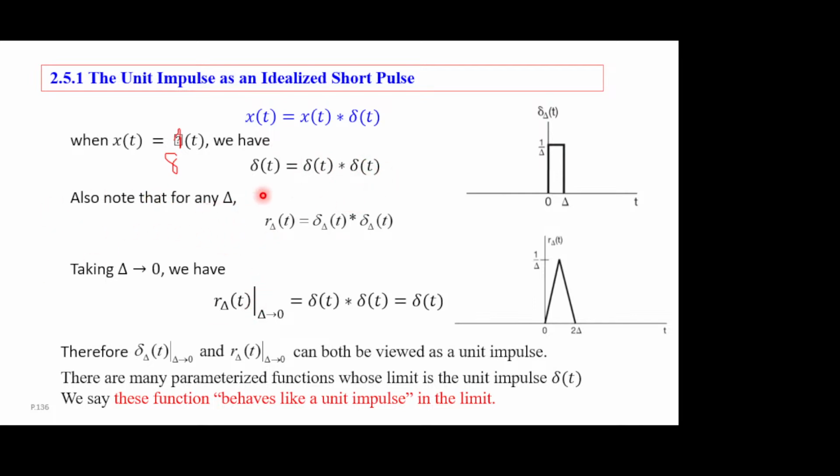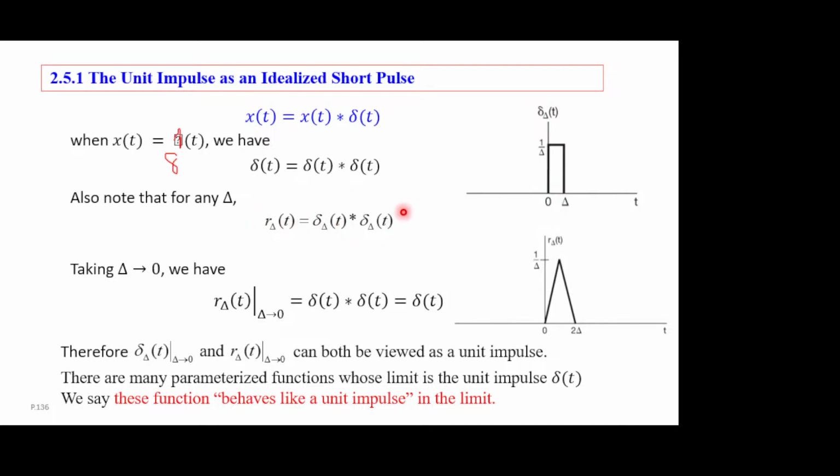Let's look at this with the triangle function. Remember we define delta of t as the limit, as delta goes to 0, of delta sub-triangle, which looks like this: it has height 1 over delta with width delta.